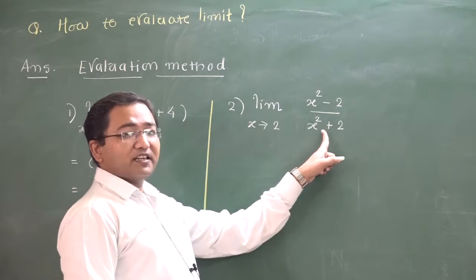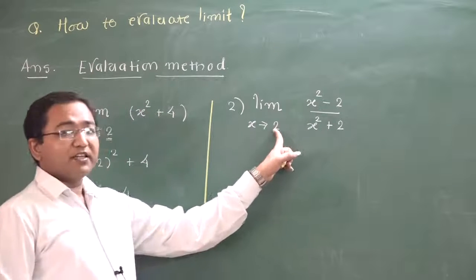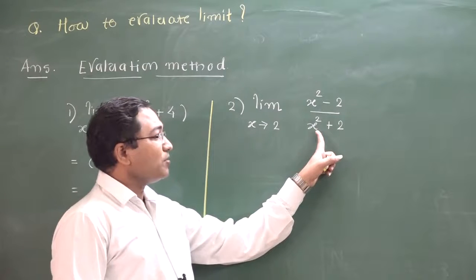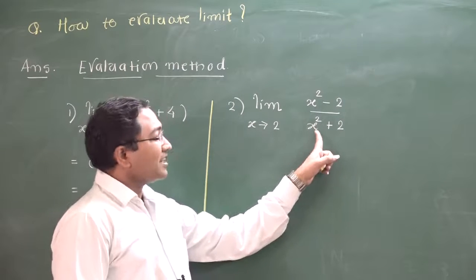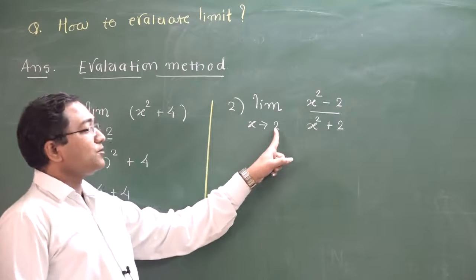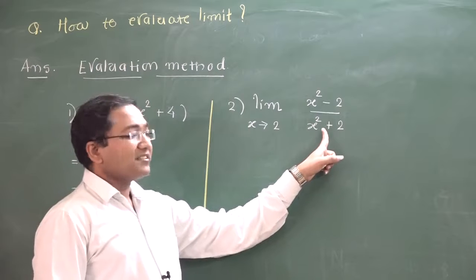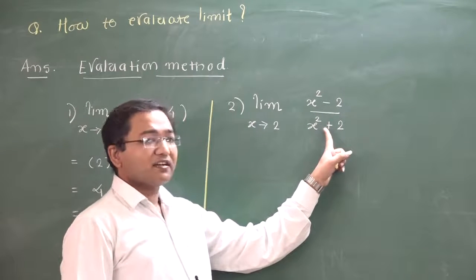When the denominator is equal to 0, we can't substitute directly. So we first check that the denominator at the point 2 is not equal to 0. Then we directly substitute x equal to 2. Otherwise, we can factorize and cancel out those factors which have 0 value in the denominator.